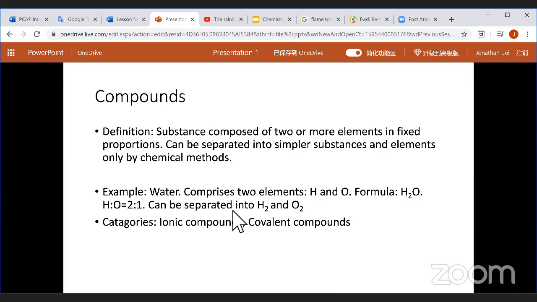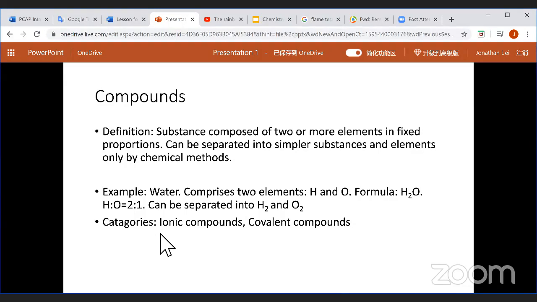It can be separated into hydrogen and oxygen by chemical methods. So you can see the substance is composed of hydrogen and oxygen, which is two elements, in fixed proportions, which is 2 to 1. And it can be separated into simpler substances like hydrogen and oxygen. So water is a very good example of compounds.